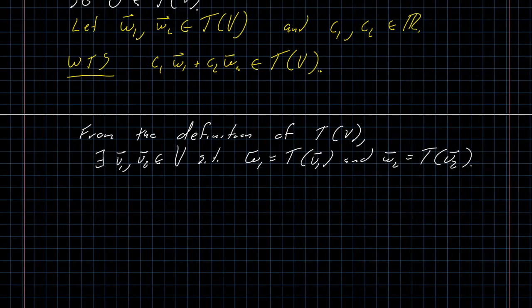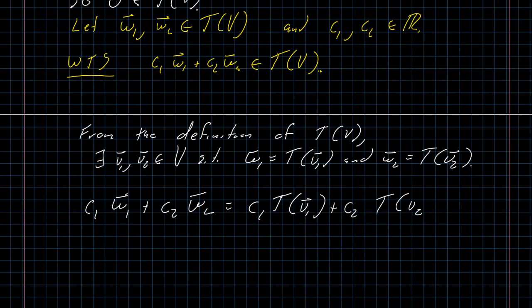So now by substitution, C1 W1 plus C2 W2 is equal to C1 times T of V1 plus C2 times T of V2. And since T is a linear transformation, that means that we can bring multiplication inside.